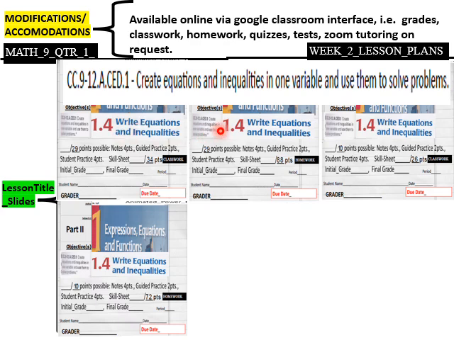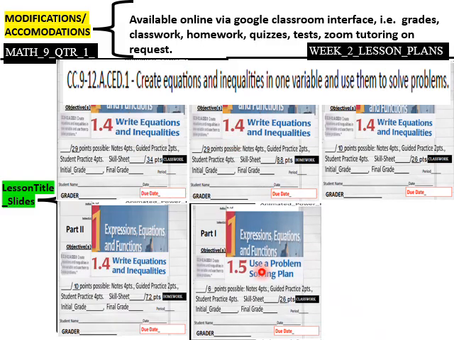Your Common Core standard for 1.4 is Common Core 9 through 12, A.CED.1, create equations and inequalities in one variable and then use them to solve problems. Then we go off into 1.5, and it's the same standard.